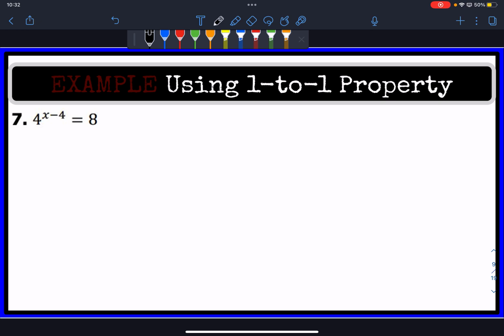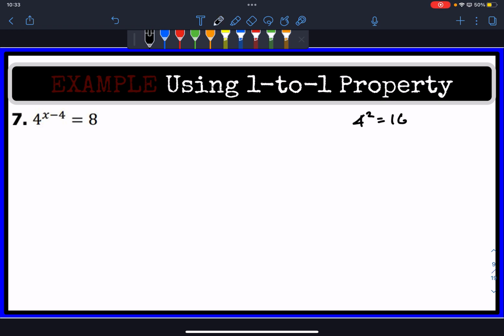Now, the next example here is an example where the value of the smaller number and the larger number have to be both changed. So here, 4 to the second power is 16. There's no way to get 8 to be written as a base of 4 to some exponent.